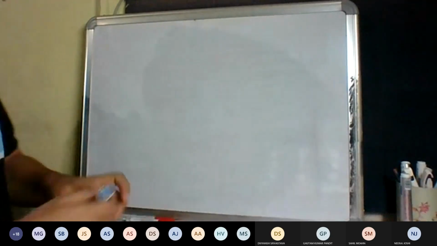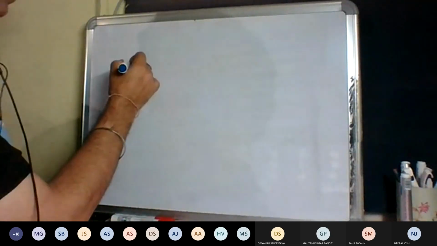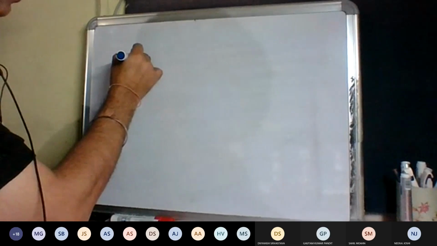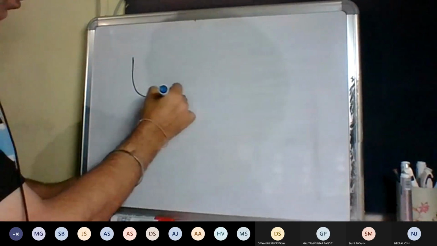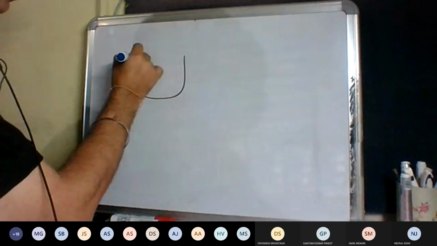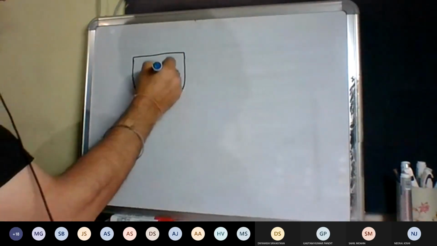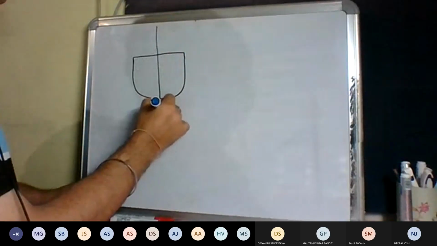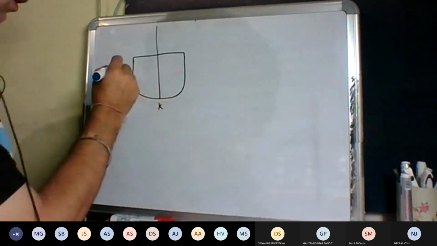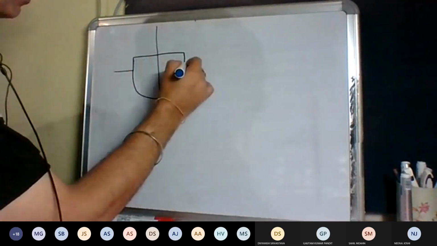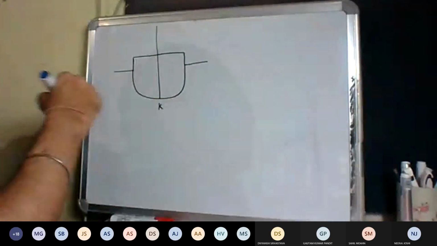Okay. So basically, if this is a cross section of a vessel, a transverse cross section. This is the keel, and she is floating at this draft. This is the water line.